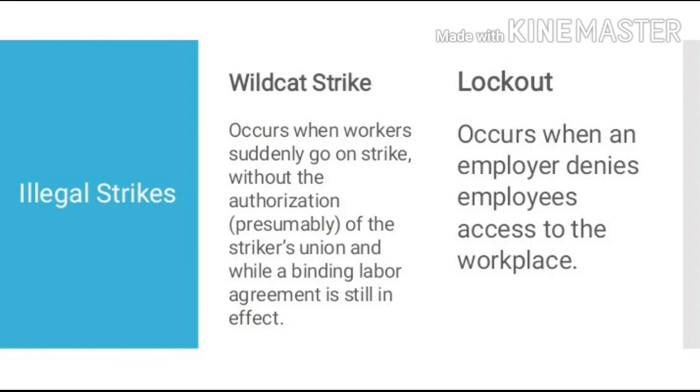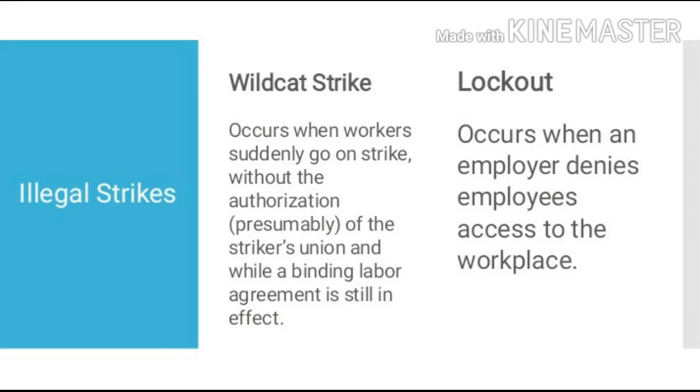This is simply where, if the union has the sick out, there is also the lockout tactic of the organization, wherein they would deny access to the workplace for the employees to work, so that they cannot earn wages or salaries that they were meant to receive if they did go to work that day.